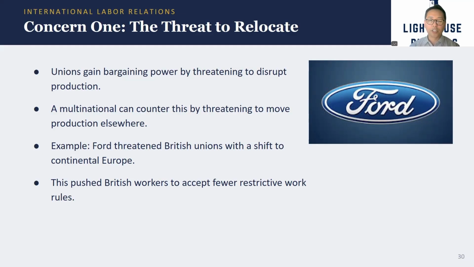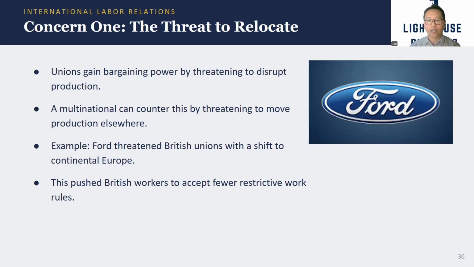The domestic union's biggest concern about the multinational firm is that the company can counter union bargaining power with the power to simply move production to another country instead. Ford gave us a clear real-world example.